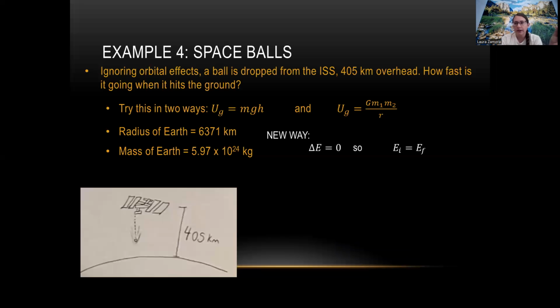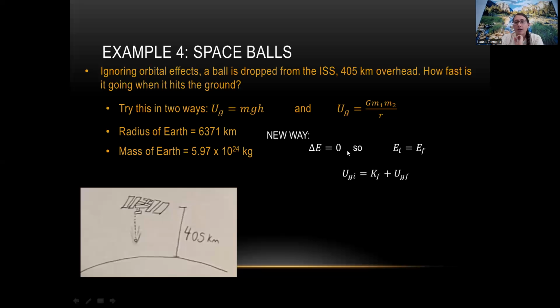Here's our new way of doing it, using our new equation. Same initial concept of conservation of energy, right? We're still not considering friction or air resistance. So our initial energy is still equal to our final energy.